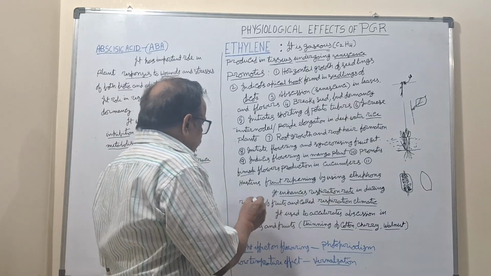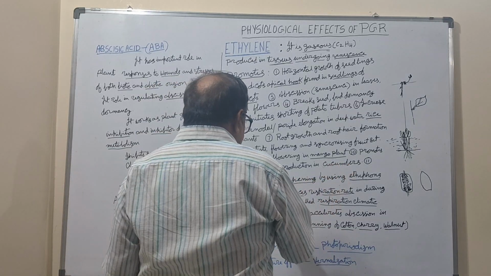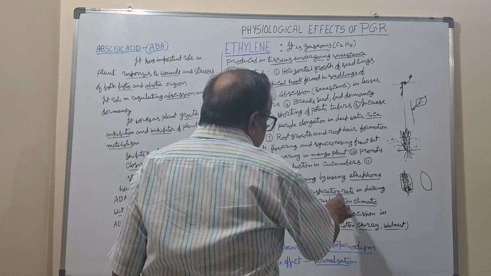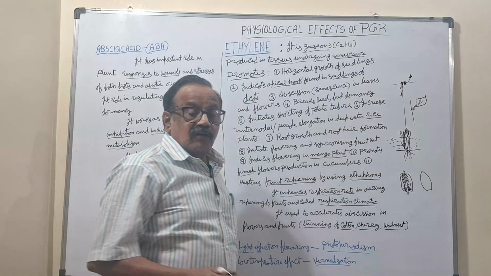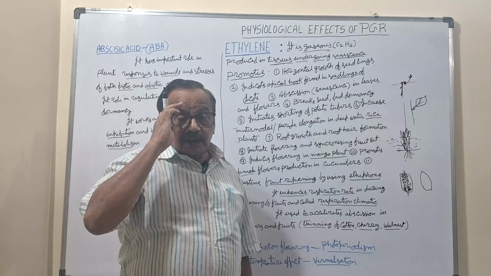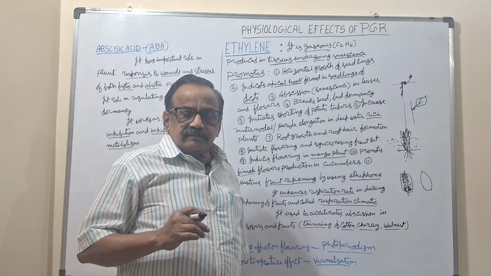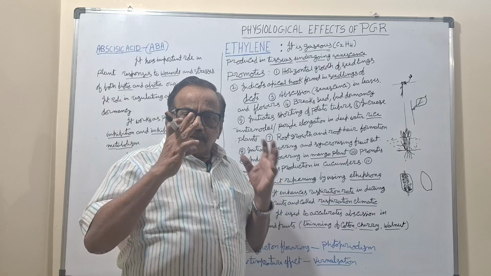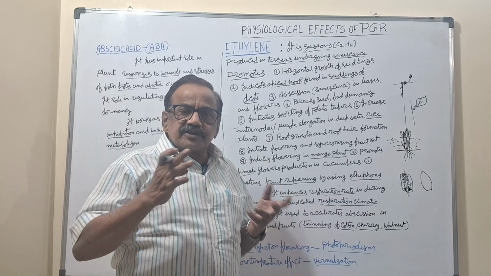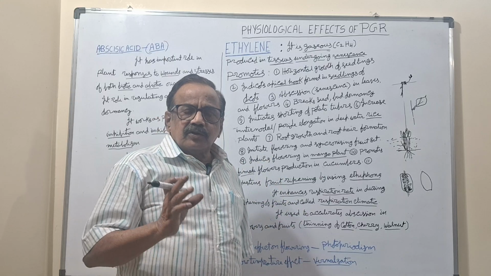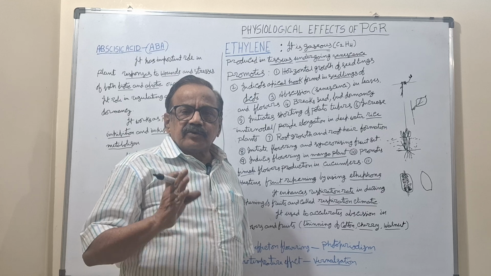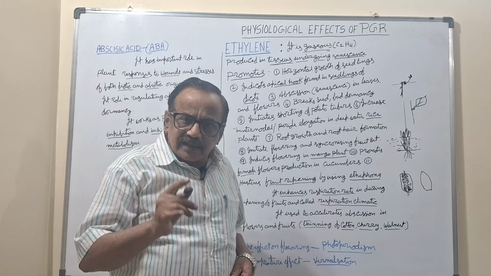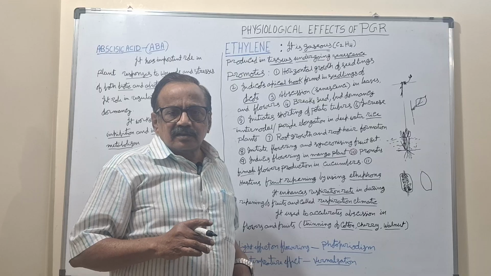Remember it. And next will be to enhance the respiration rate. What is this? It is autocatalysis. Means whatever the sugars, starch will become simple sugars. For that only the ripening fruit will be sweet. Because the starch whatever is there will be converted into the sugars.